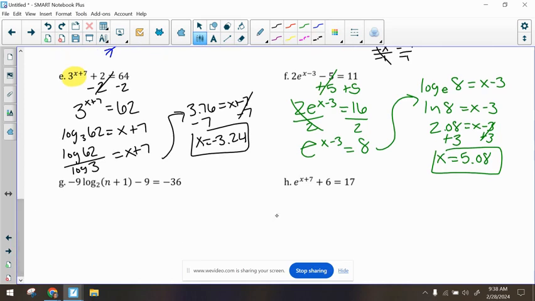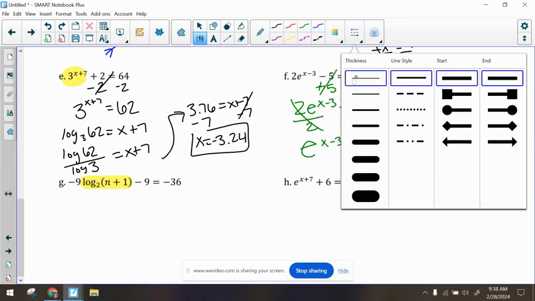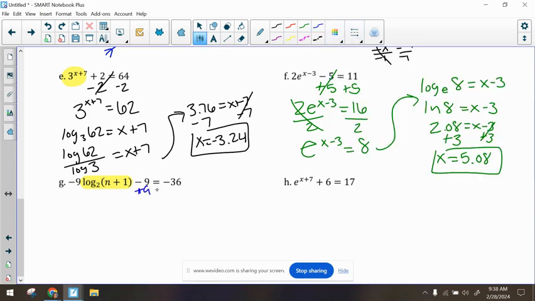And finally, taking a look at my last two questions, G and H. For G, my goal is to get the log to be by itself. So just that piece alone. So I'm going to start this one by adding 9 on both sides. So negative 9 log base 2 of n plus 1 equals negative 27. I divide both sides by negative 9 so that log base 2 of n plus 1 equals 3.